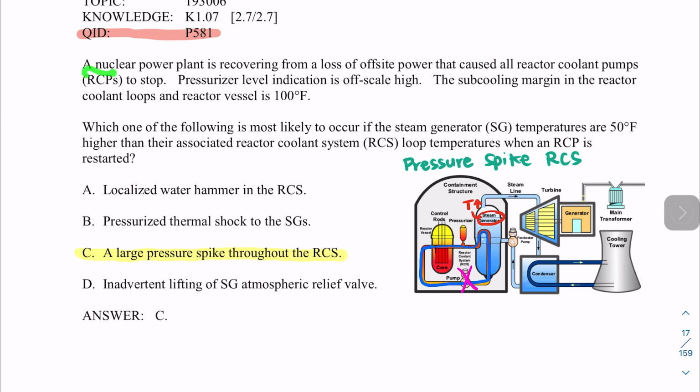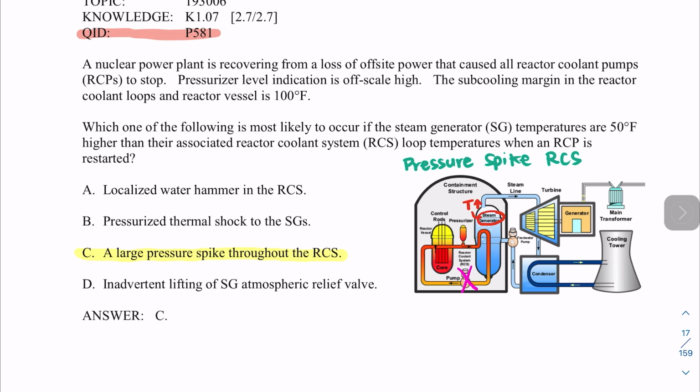So I have a loss of offsite power, and that caused my RCPs to stop. My RCPs are here in my primary, and they are the ones transferring heat to my steam generator, right? So what's happening?